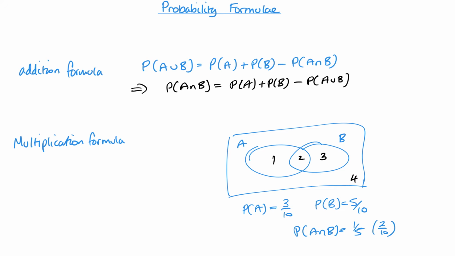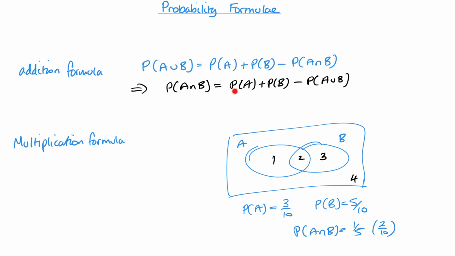2/5, etc. Now, if I look at adding the probability of A plus the probability of B, what you'll notice is that I'll do 3 plus 5, and I would have added this 2 twice.